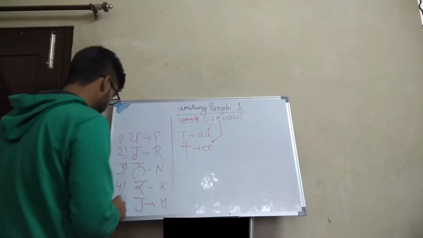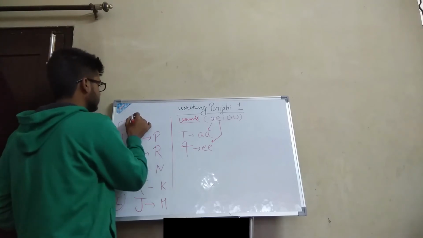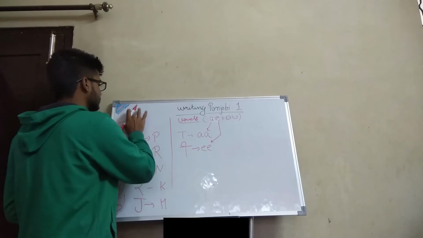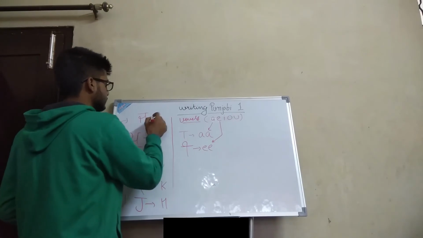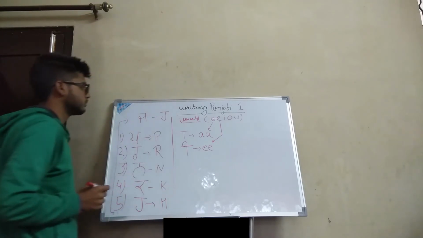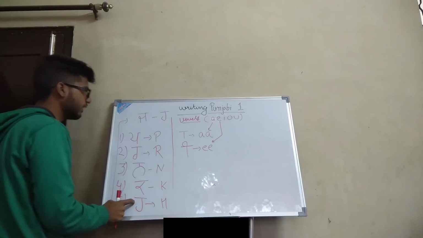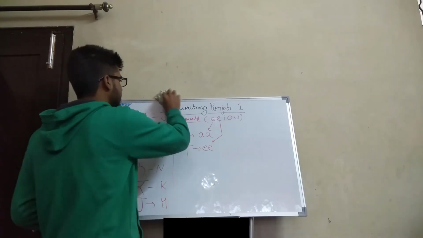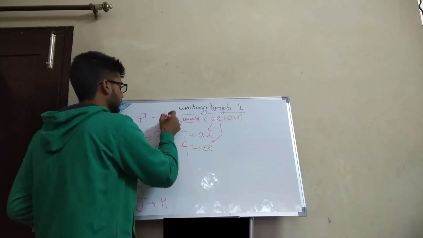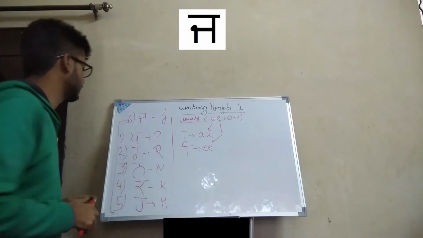The sixth one in this list is J. So don't confuse this word with H of English. Let me write it another way. So this is J.